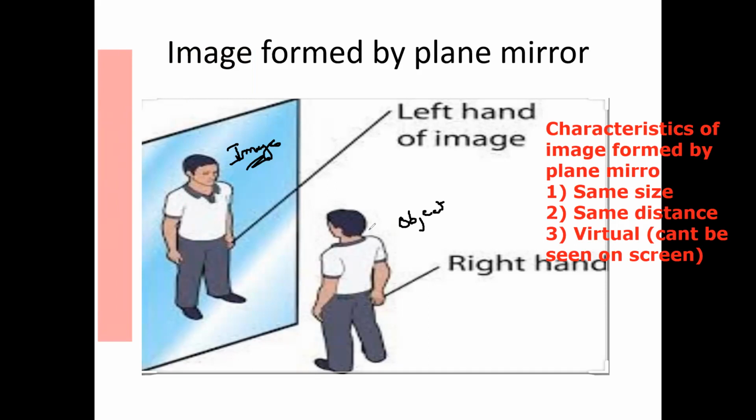This is a virtual image, because if the image is visible on the screen, we call that a real image. Like with projectors, we can see the image on the screen, so we call that a real image. But if the image cannot be seen on the screen, it's just our imagination which created the image, so we call that a virtual image.